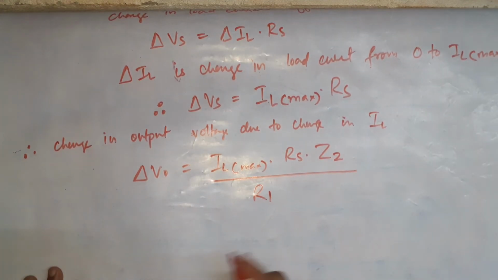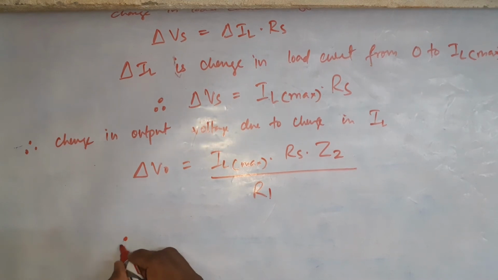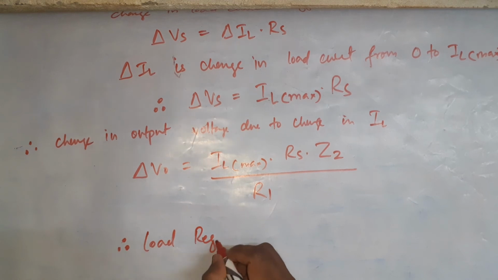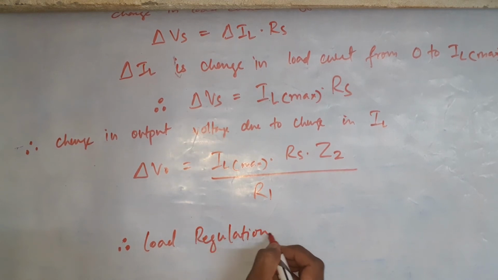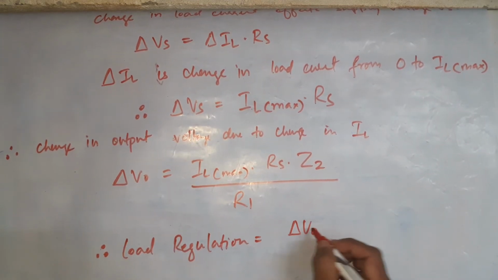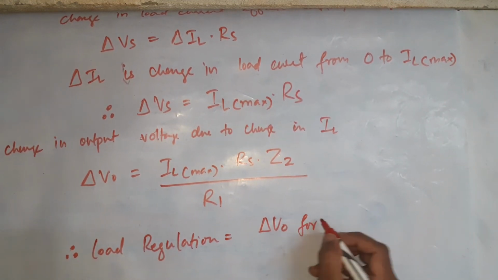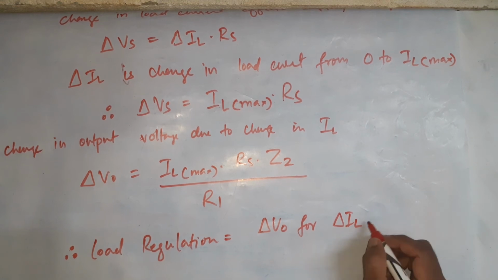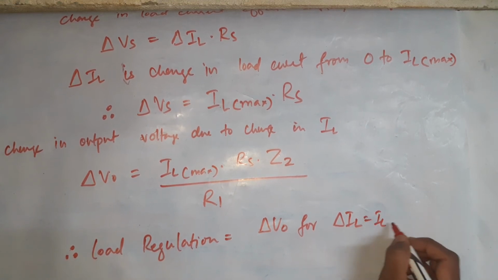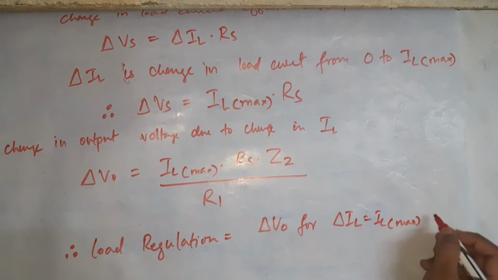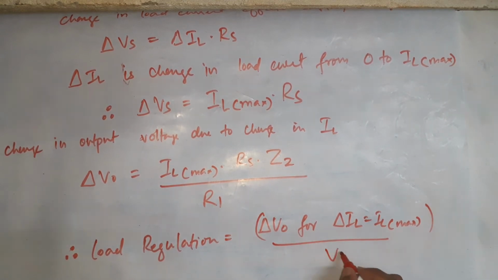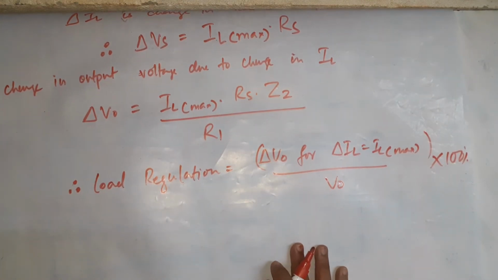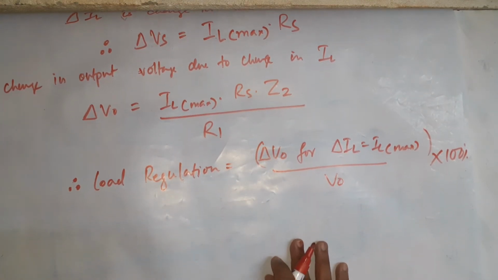Now finally I have to reach my load regulation. Load regulation is the change in output voltage for change in load current from 0 to maximum. So I have to write IL maximum into Rs into Zz by R1, divided by V0, into 100. So this is what your load regulation is.